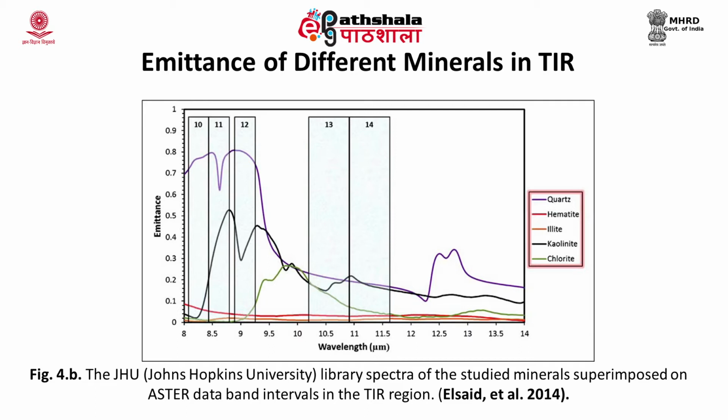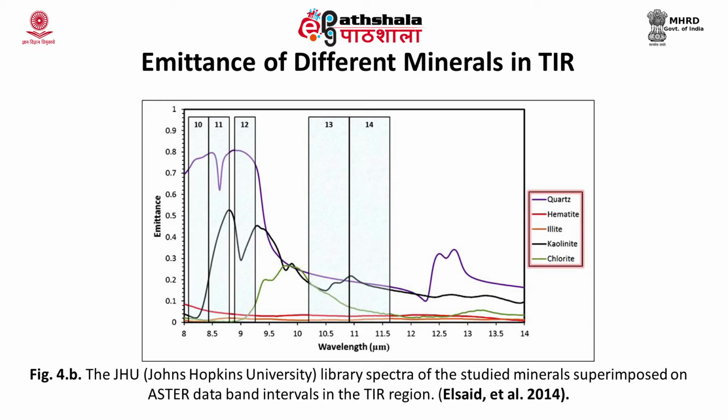And here if you look at this, it is mostly in the thermal infrared region, that is on the higher wavelength side. You can see the ASTER bands are illustrated here as 10, 11, 12, 13 and 14, and different minerals like quartz, hematite, ilmenite, kaolinite and chlorite are plotted with respect to TIR, and here you can see quartz, kaolinite and chlorite.